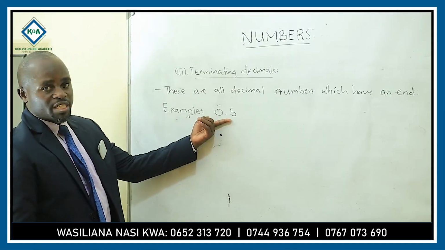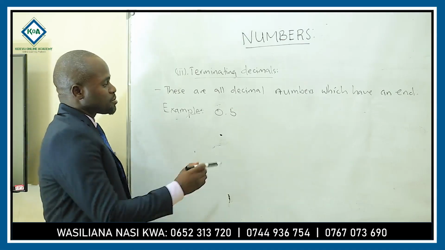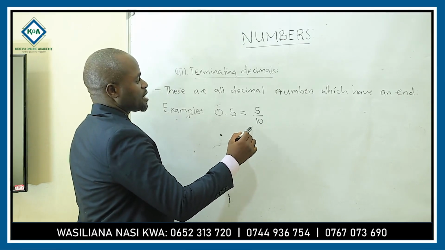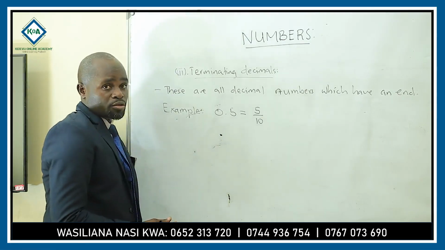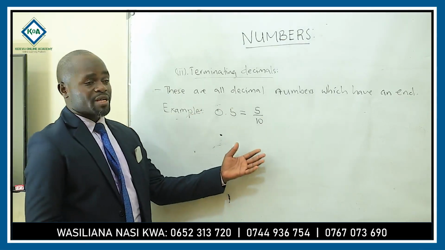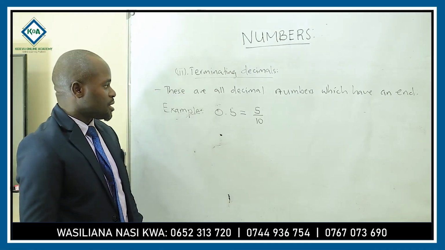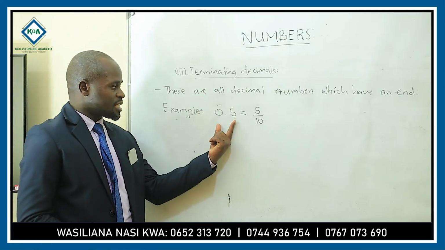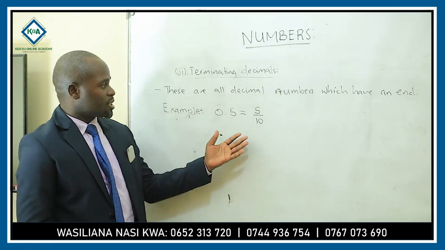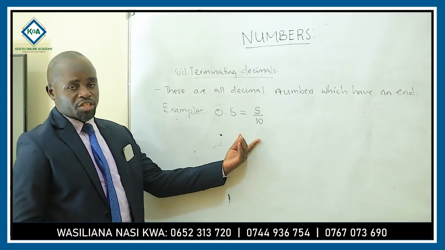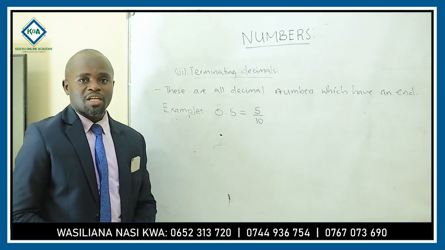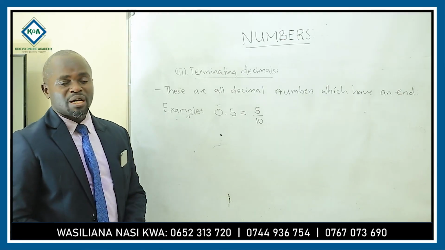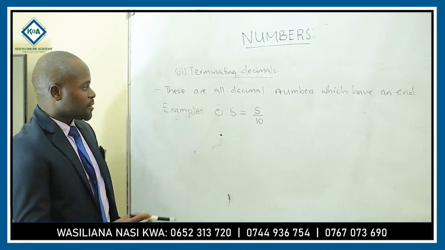So this is a terminating decimal, which can be written as 5/10, which is a rational. Remember, we are discussing the categories of rational numbers. So 0.5 is a terminating decimal, and it can be converted into a fraction. And we said all numbers which can be converted into fractions fall under the first type of number, which is a rational number.